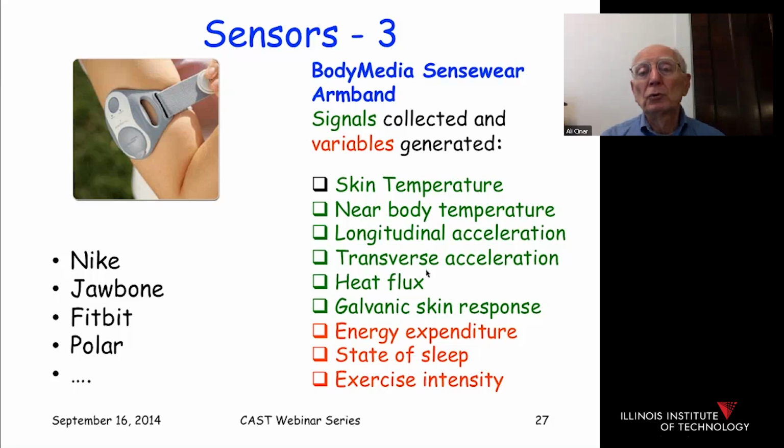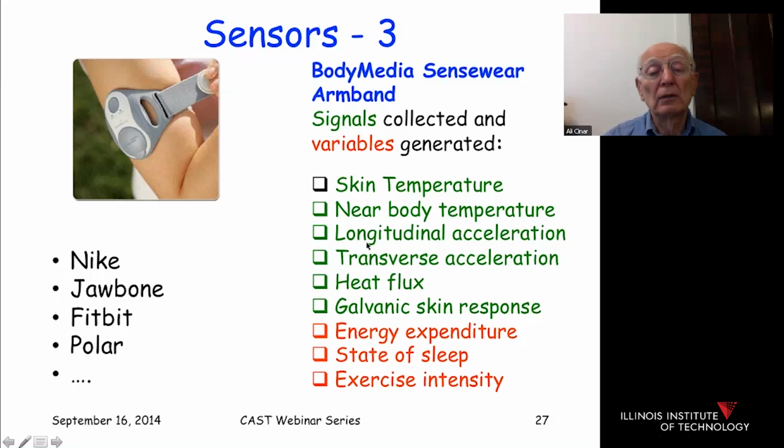And we used this BodyMedia SenseWear armband, which has been in the market for over 10 years. Now there are quite a few other companies like Nike, Jawbone, Fitbit, Polar, and then a number of others. But this is probably one that has a higher accuracy and better list of signals that are available. So it measures the skin temperature, near body temperature, accelerations in 2 dimensions now.